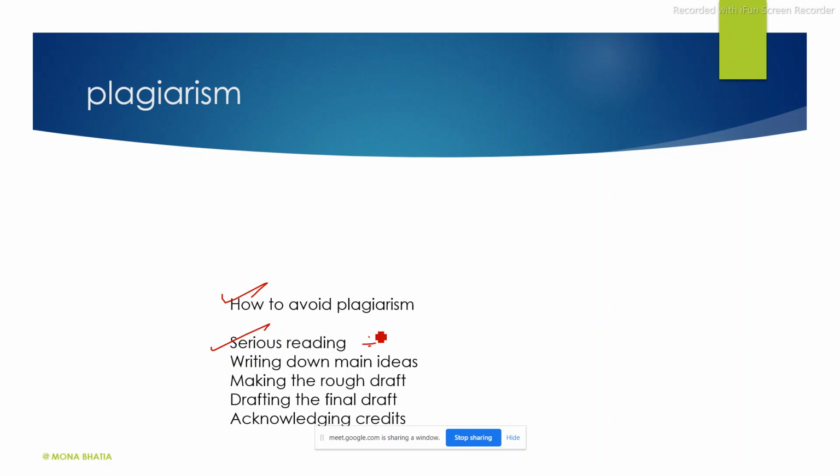ठीक है? तो after every reading, when you recall the main points and you write down those points, then you try to paraphrase your work based on those ideas, on those jottings that you have done. Got it? So you have written down your main ideas. Now making a rough draft. Making a rough draft means, now what you will do, first you will make a रफ ड्राफ्ट, सबसे पहले आपको रफ ड्राफ्ट पे काम करना है.